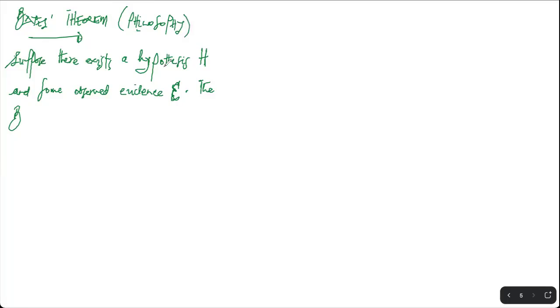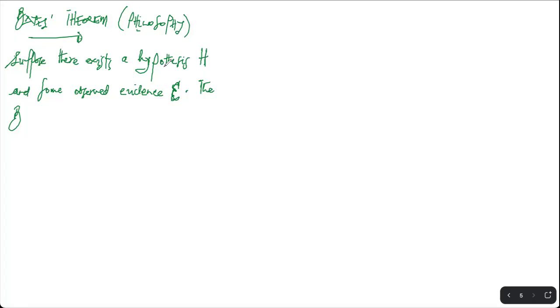So we have some hypothesis. A hypothesis is a claim, right? A claim that can be verified, all right? A statement that can be verified, whether it's true or false. So it's like a conjecture.